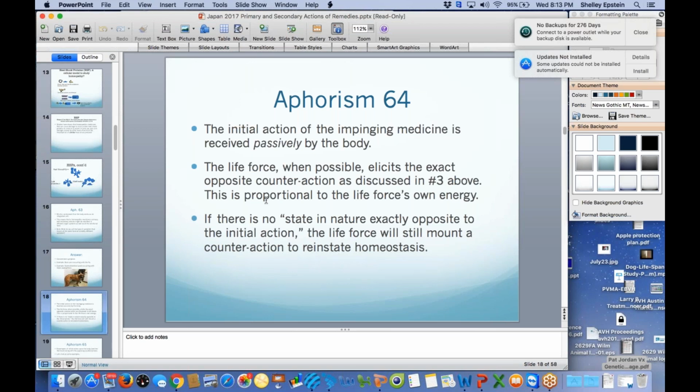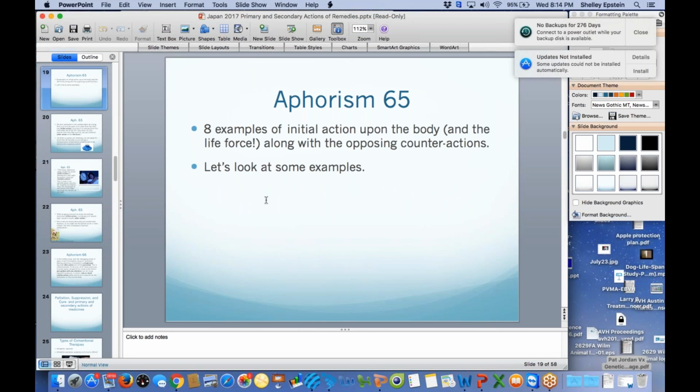Okay, so even if we didn't get the exact remedy that was capable of doing something, or initiating something in that individual, the life force is still going to try to do something to make it better, to achieve homeostasis.